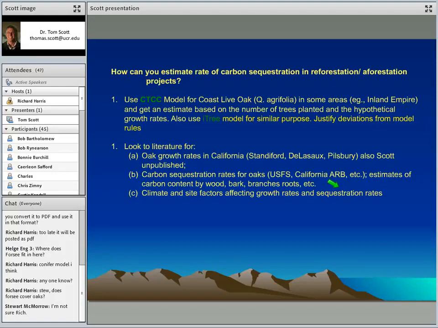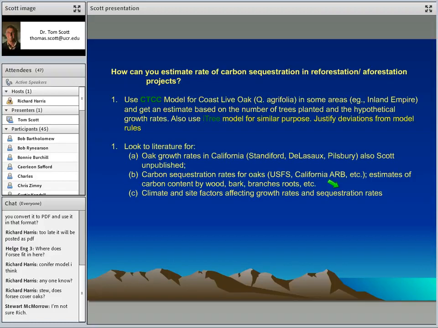So you can actually use models like the CTCC model for coast live oak in the Inland Empire, and I think in the coastal areas, but you can't use it to measure coastal areas in the Southern California region.